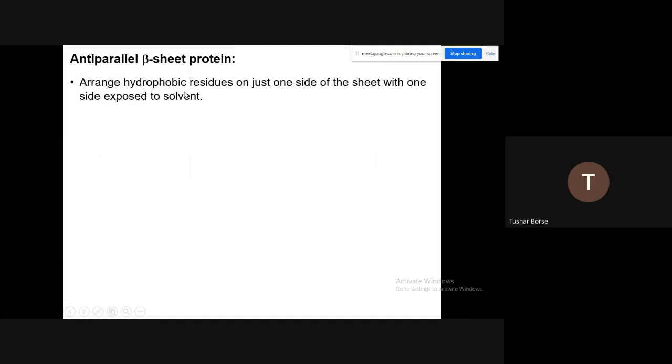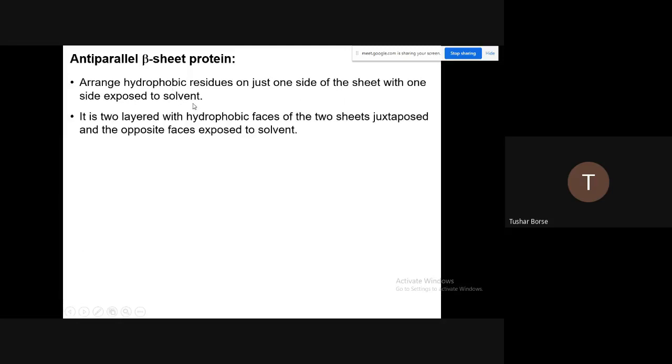As I told you, they arrange the hydrophobic residues on just one side of the sheet with one side exposed to the solvent. Here in this case, it is two layered hydrophobic faces. In between you have the hydrophilics, which is called juxtaposed, meaning entrapped between these two hydrophobic faces.